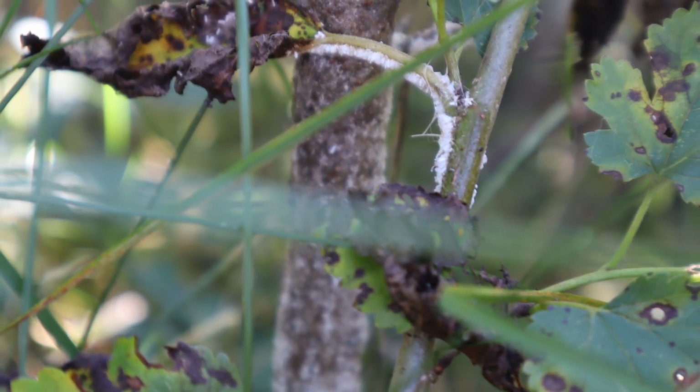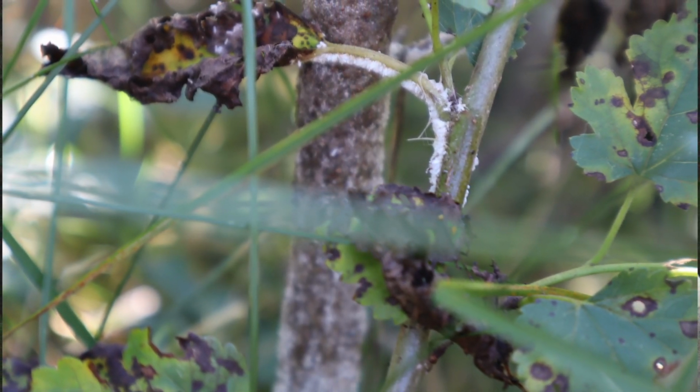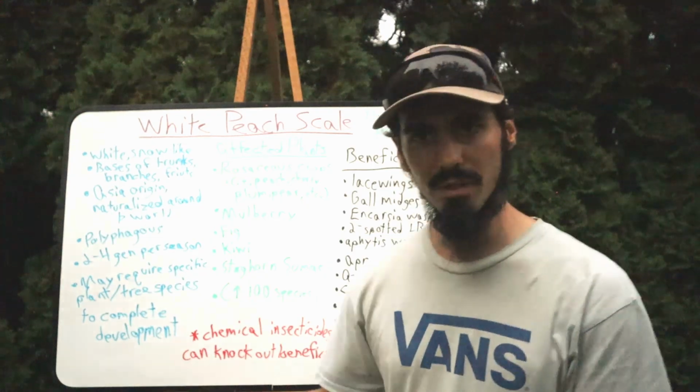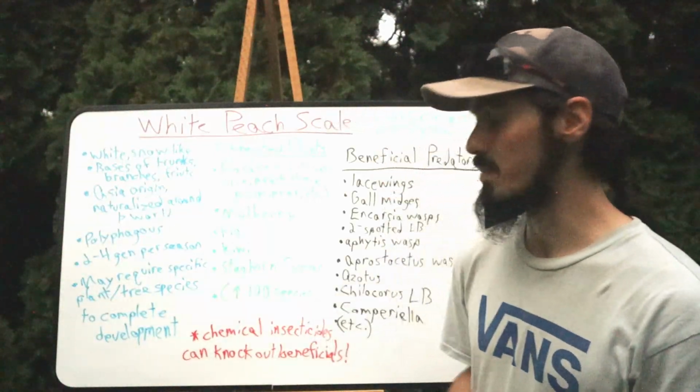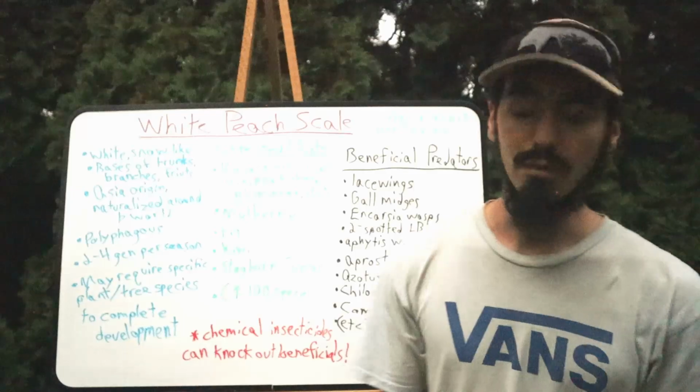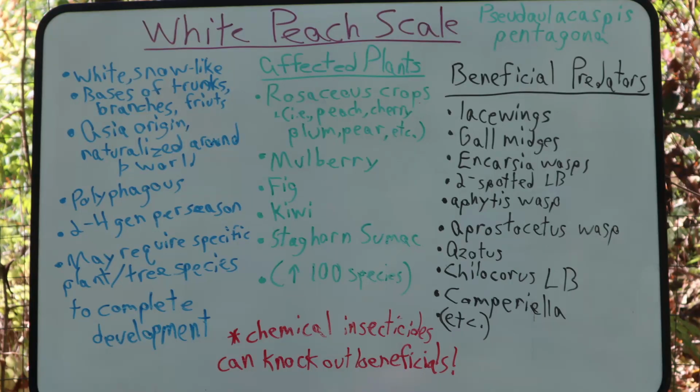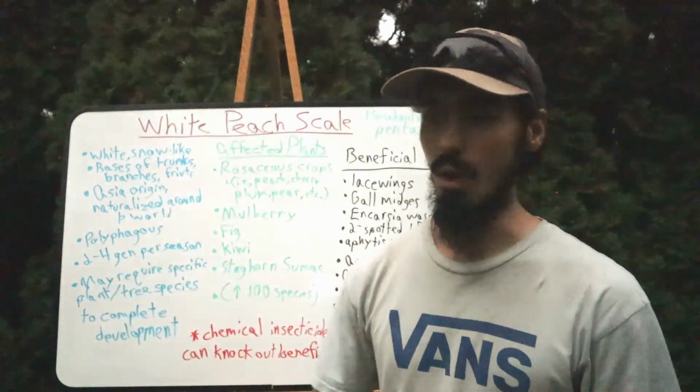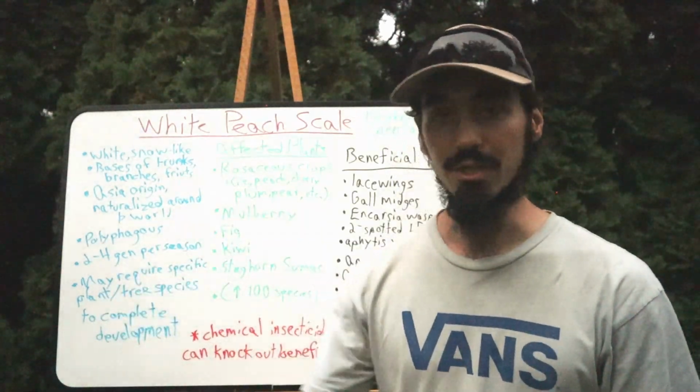This particular species of white peach scale is not native to North America. It comes from Asia, that region of the world, and it has been naturalized in many areas around the world, including, of course, North America. This insect is also polyphagous, right? That means it feeds on a wide variety of botanical specimens, a bunch of different trees, vines, and plants, and it can feed on over 100 species of plants.